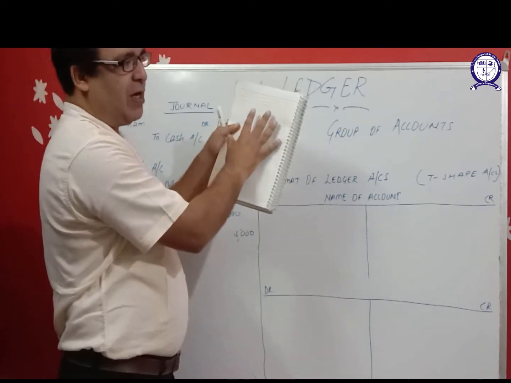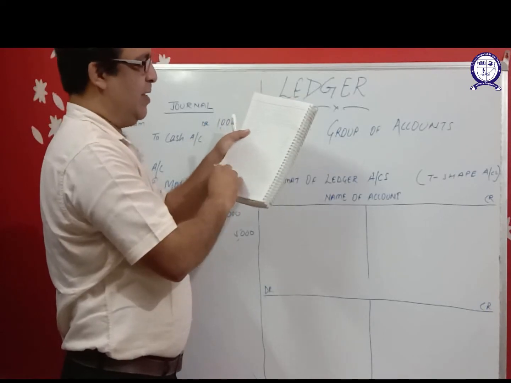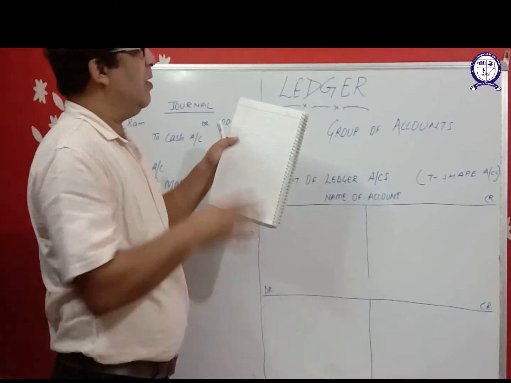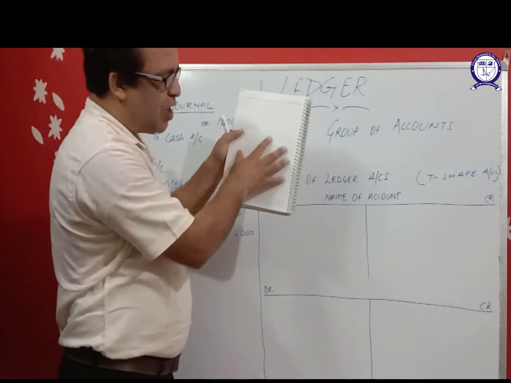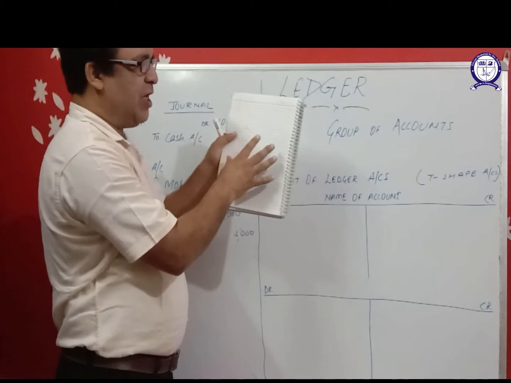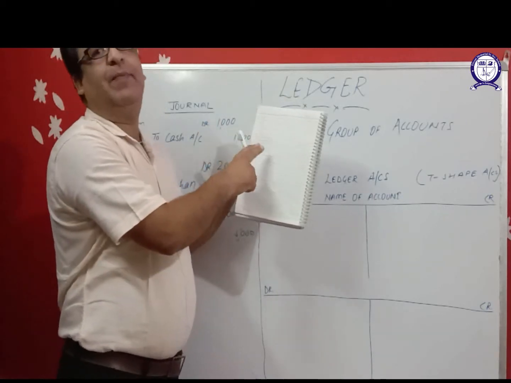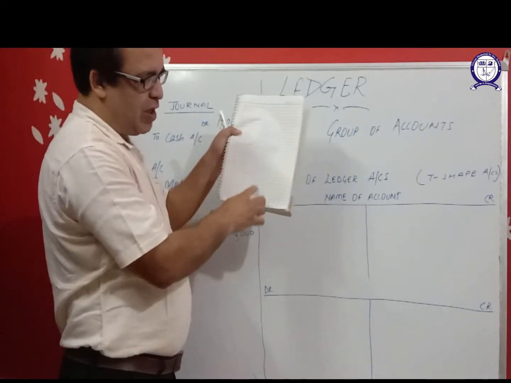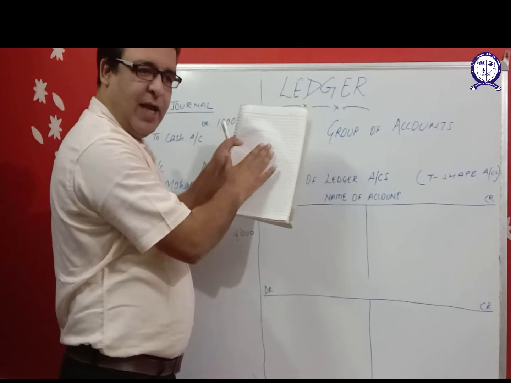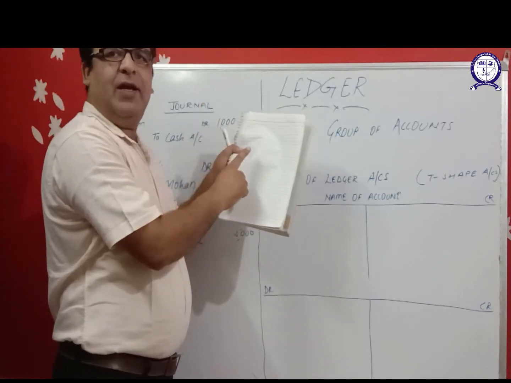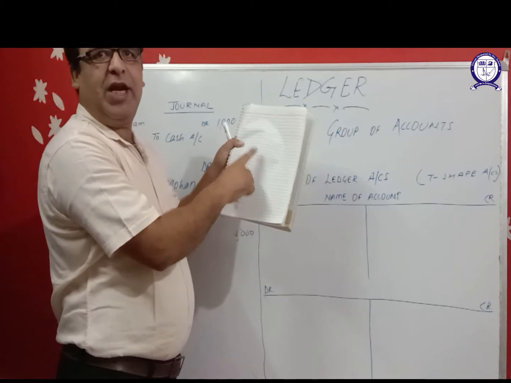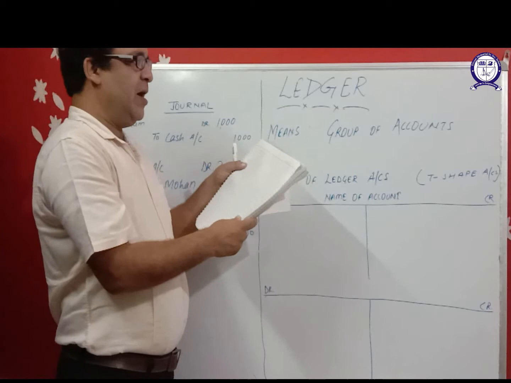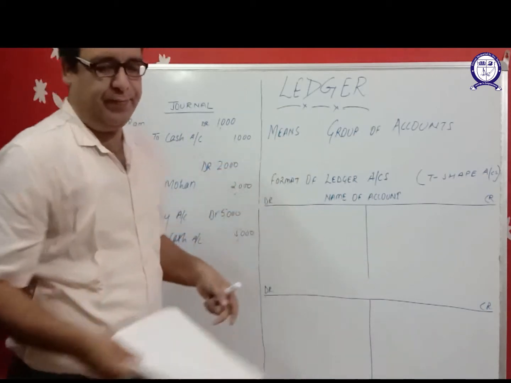This page will become the account of Sham, and the previous page will become the account of Ram. In the account of Sham, only the transactions related to Sham will be posted. When we prepare machinery account, we will keep all the transactions related to machinery only. So let us understand how to prepare accounts.